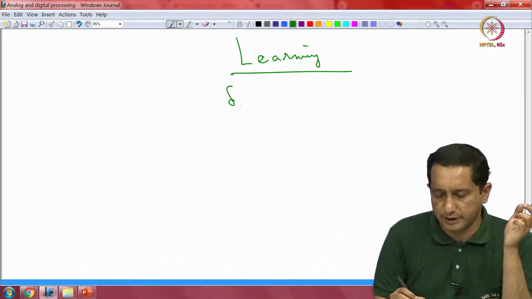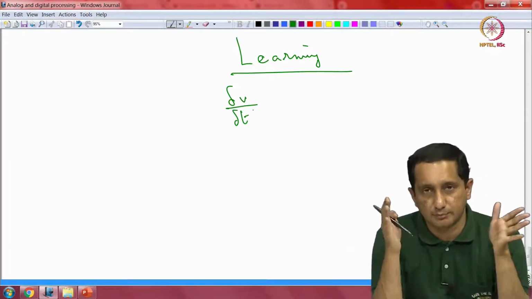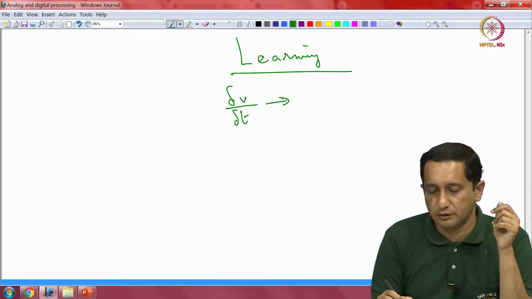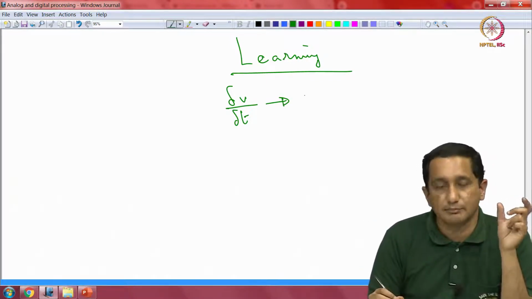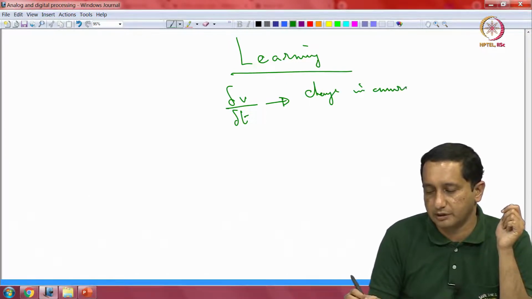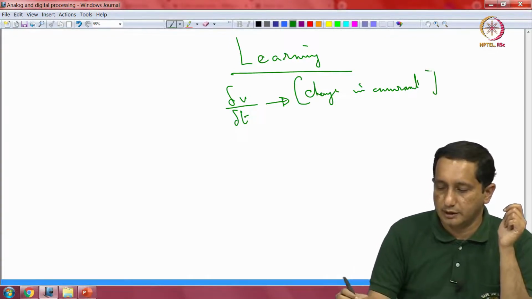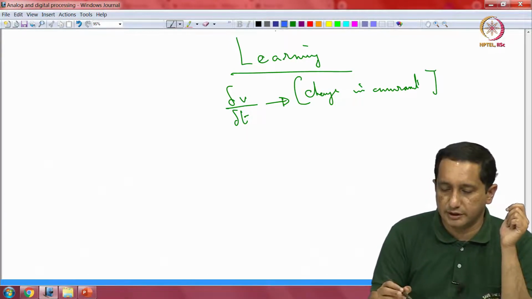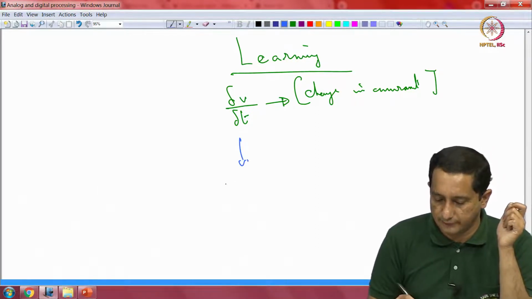So there should be a change in voltage with some point of time, and that change in voltage with time has to reflect some change in environment, which is basically the input, and that should actually result in a difference in output.